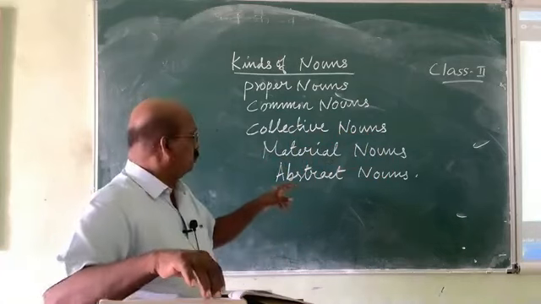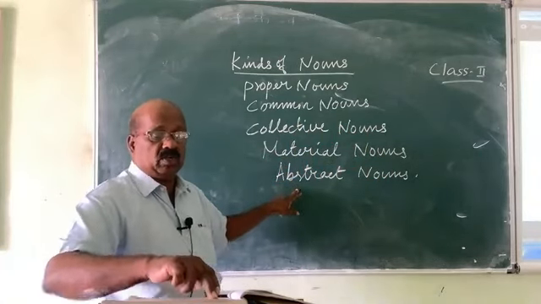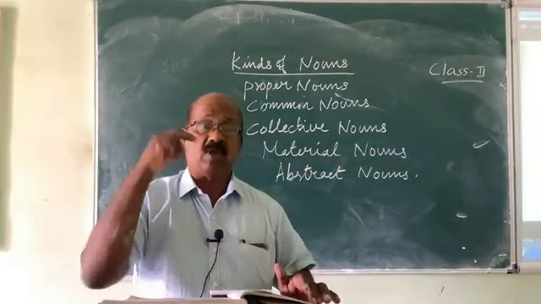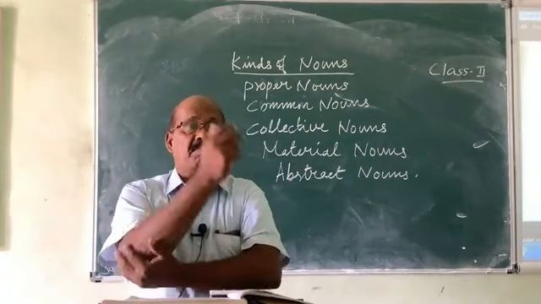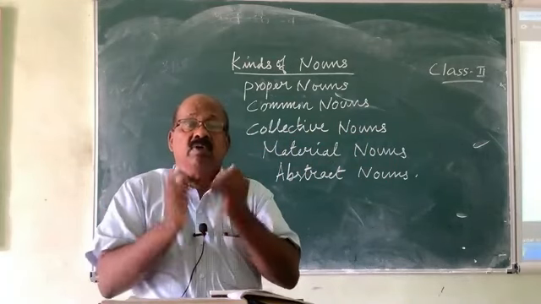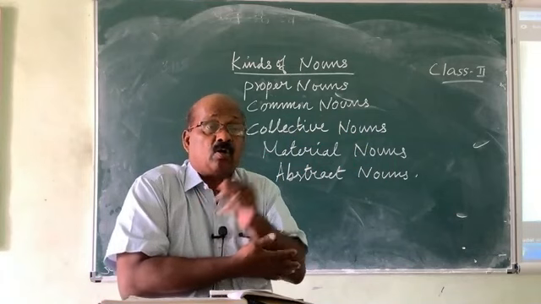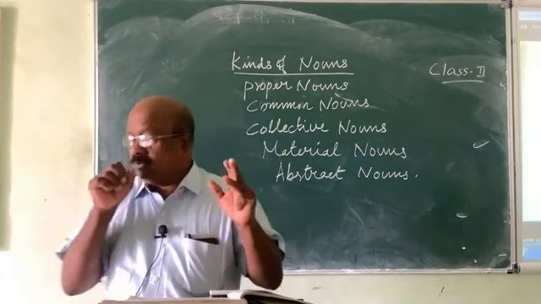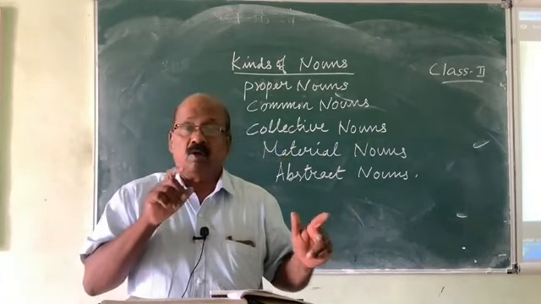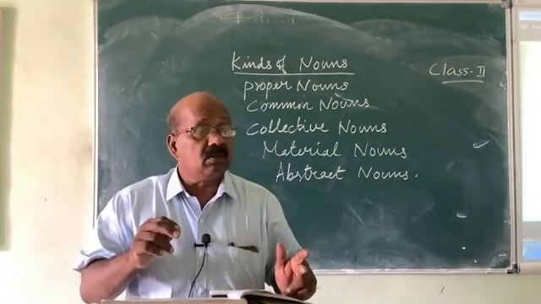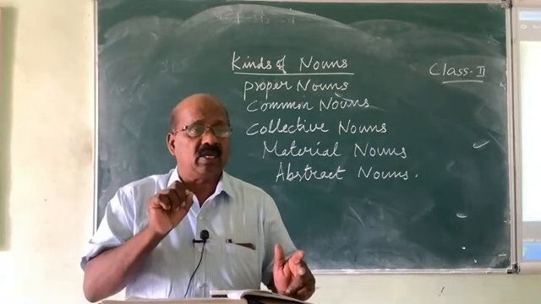Then coming to the last one, that is abstract noun. What is meant by abstract things? We know what it is, but we cannot touch it. We cannot see it. We cannot enjoy it. But we know that it is there.